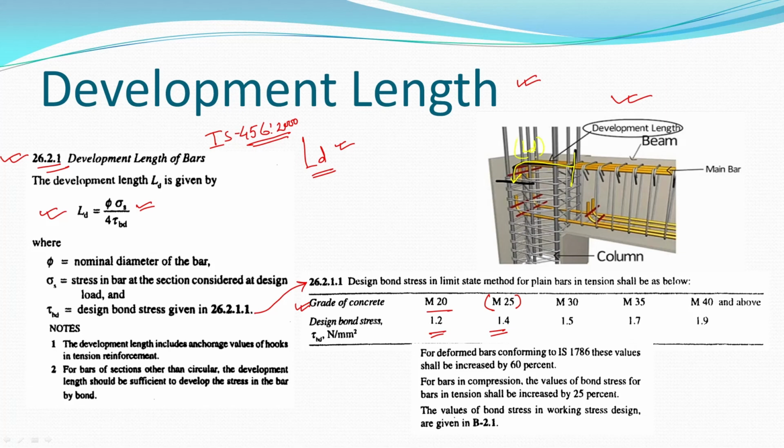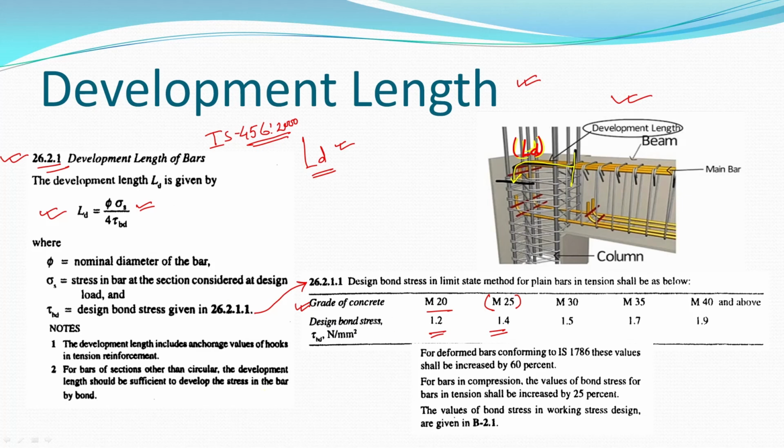This is actually the LD, that means the development length. And at the time of bar bending schedule we considered that it is 50D, previously, right? So now you understand how that value came. In this way that particular value came.